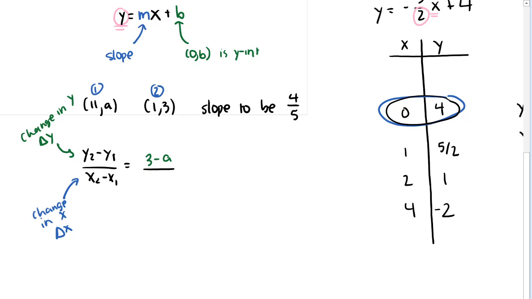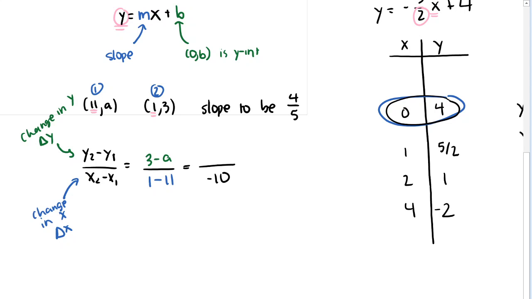That's our change in y, and maybe this will make more sense if we talk about our change in x. If we're going from an x value of 11 to an x value of 1, then if we take 1 minus 11, that'll be our change in x. Why does that make sense? Well, this denominator is negative 10, and we can see that to go from this x value to this x value, we went down 10 units.